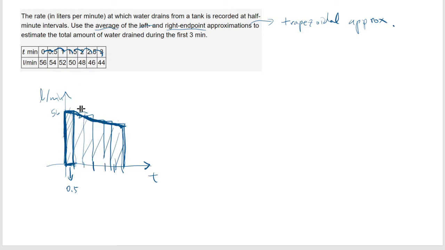All right, so let's think about this. The base length is always 0.5. So the left sum would be 0.5 times, and for each interval you choose the left endpoint. From 0 to 0.5, the height is 56, so you choose that. From 0.5 to 1, 54 is the left endpoint's height and 52 is the right endpoint's height.